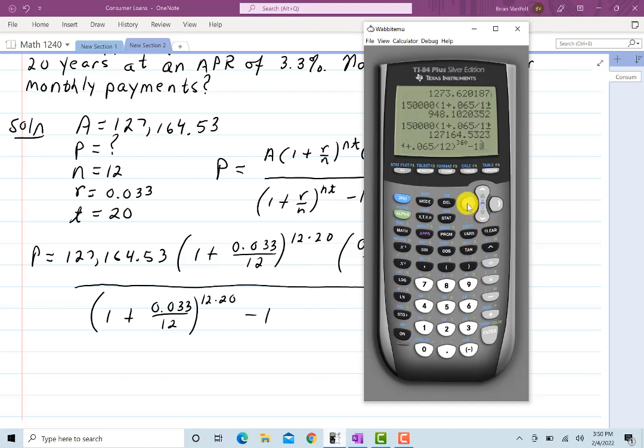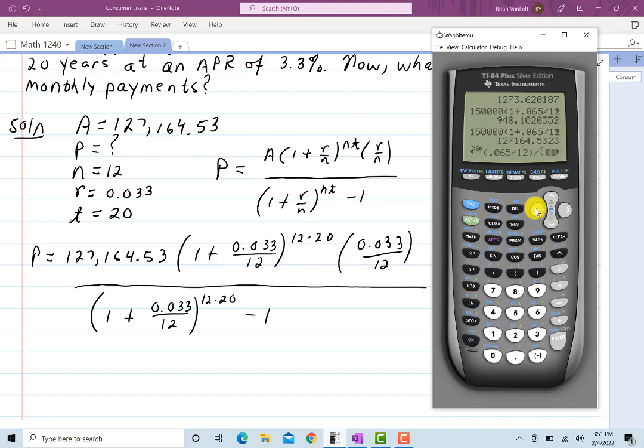So now let me go ahead and change. 12 times 20 is only 240. So let me change my 36s to 24s. Let me change my 6.5 to a 3.3. Change that 6.5 to a 3.3. Change that 360 up there to a 240.